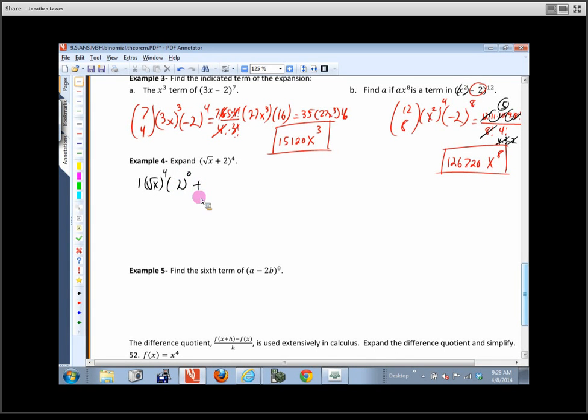Next one. Positive 4, radical x to the third, 2 to the first. Got a 6, square root x to the second, 2 to the second.